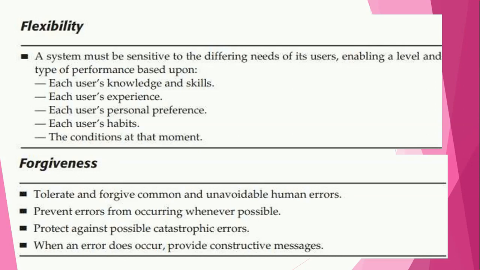The system will show a certain message, like, go for cancel or please click OK. If you click OK, this thing will happen. If you click cancel, the other thing will happen. So like this, the message is shown to every user.